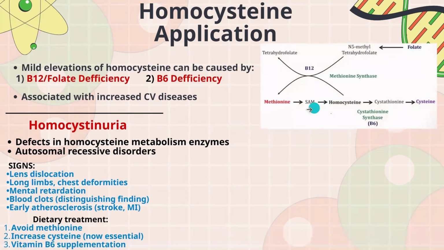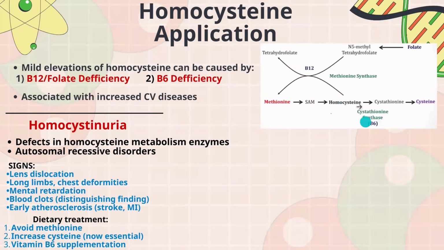Now, here we have the pathway that we're going to talk about really quickly, which is basically methionine from SAM, homocysteine. Homocysteine is converted by methionine synthase, where it's going to form folate. It's going to come from N5-methyltetrahydrofolate. It's going to form THF through B12. And here, through cystathionine synthase, it's going to form cystathionine and cysteine.